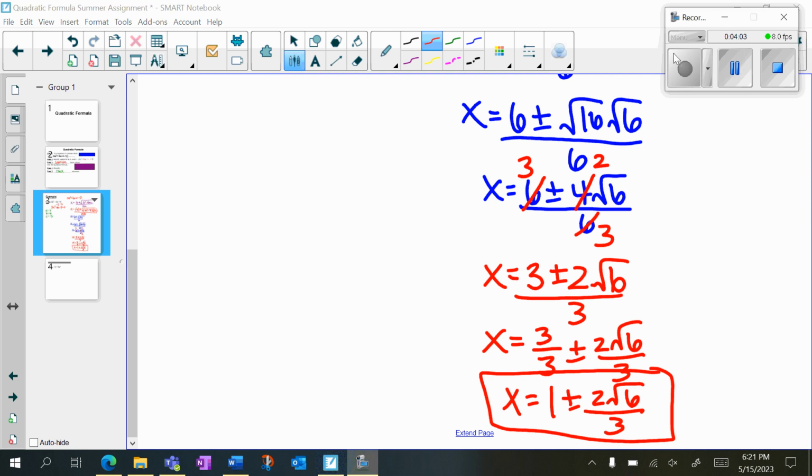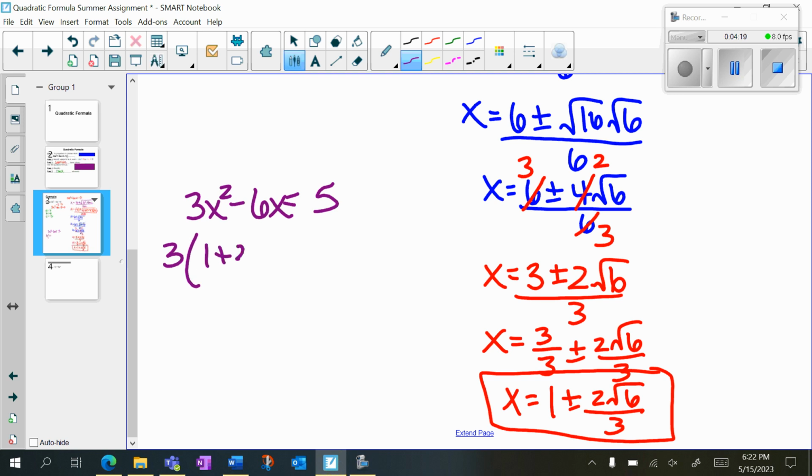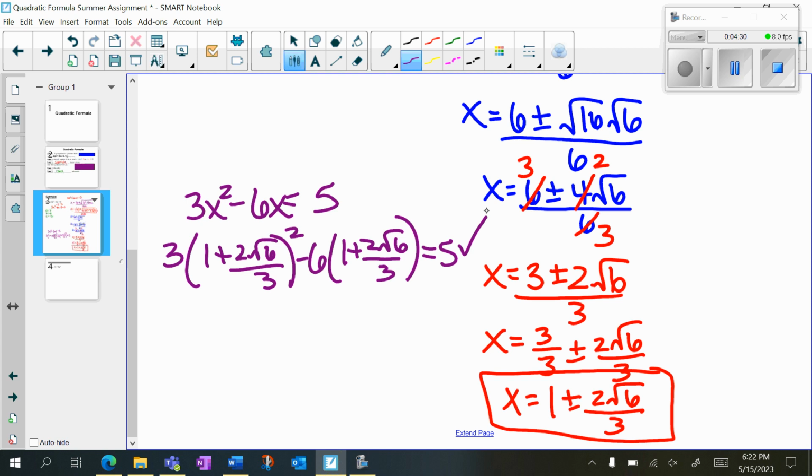If we wanted to check our solution, all we would have to do is rewrite our original 3x squared minus 6x is equal to 5 and substitute 1 plus 2 radical 6 over 3 in for every x. And once you do that, it would equal 5, which is a solution.